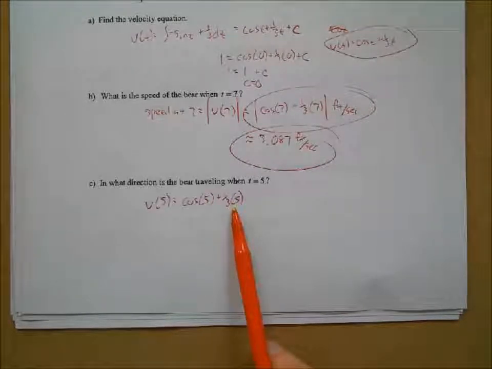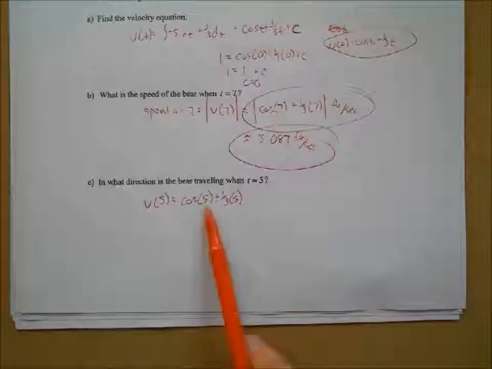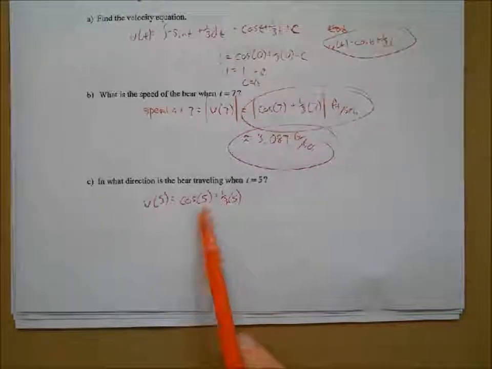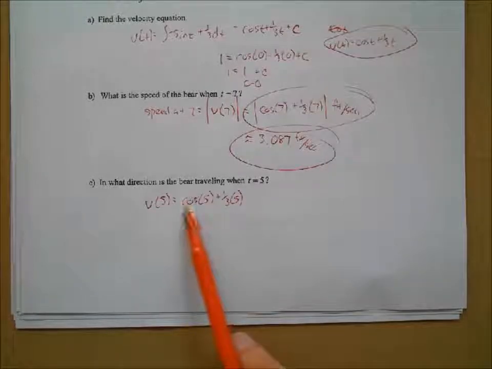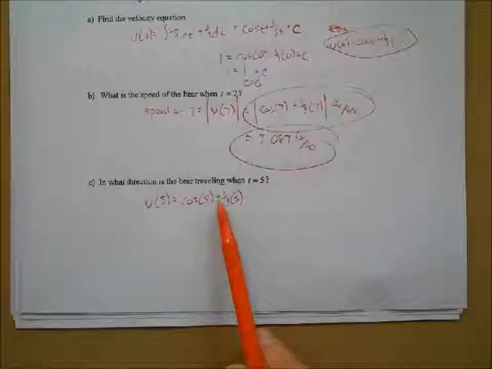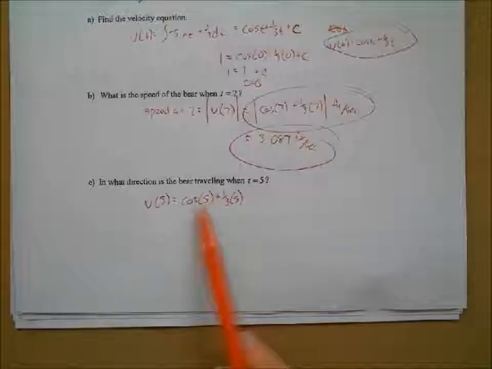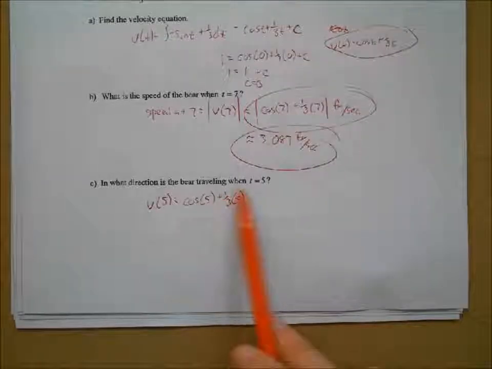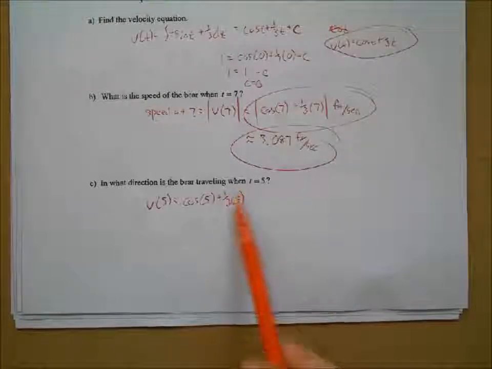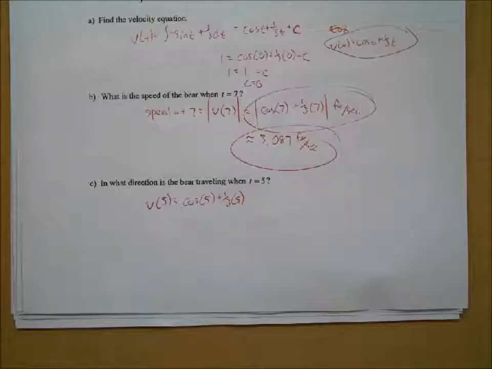5/3, that's more than 1, right? And what's the highest value that cosine could ever be? 1, right? Cosine of whatever, the highest it can be is 1. The lowest it can be is negative 1. And you're going to add something that's more than 1 to it.